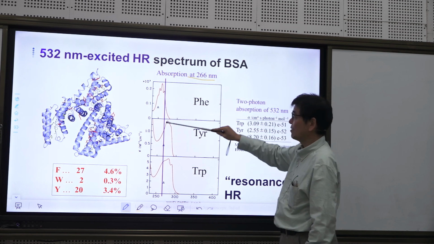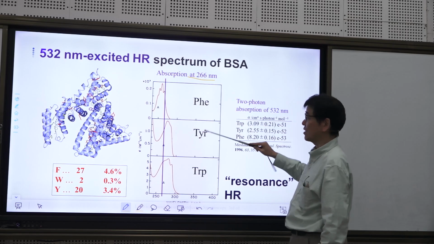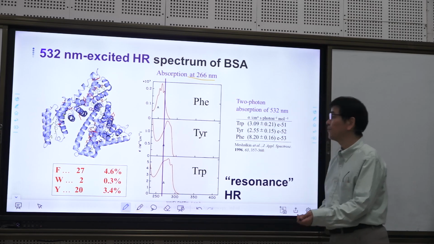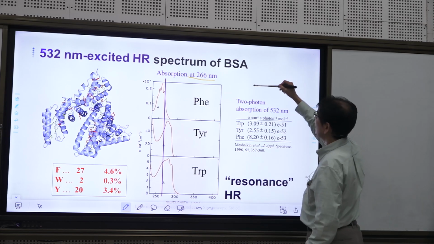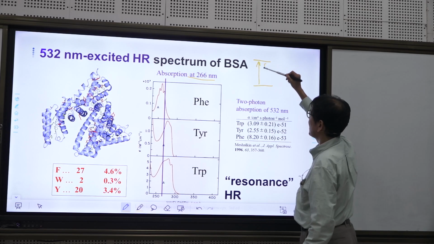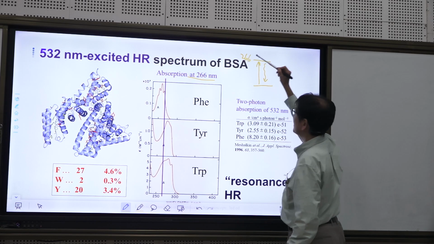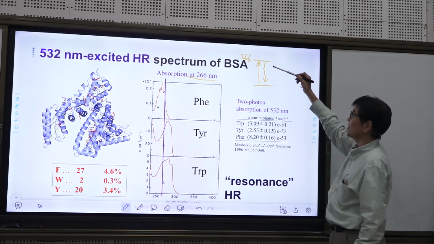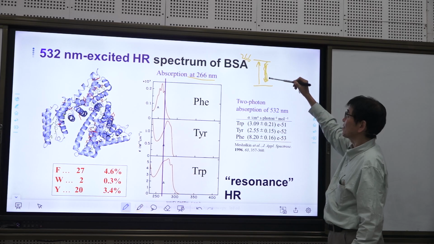So resonance Raman effect is expected for these aromatic residues. Again, this is resonance Raman. At 266, there is a real state. So this is resonance Raman. Intensity is strong.